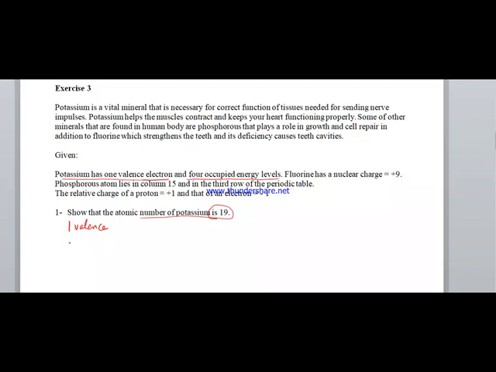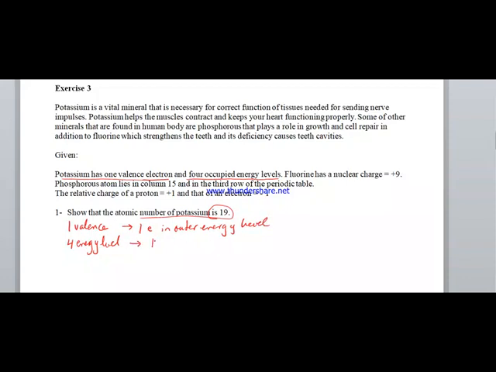One valence electron and 4 energy levels. In order to show the atomic number: one valence electron means 1 electron in the outer energy level.